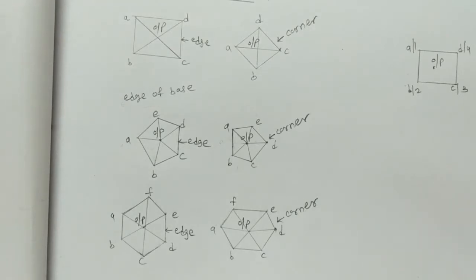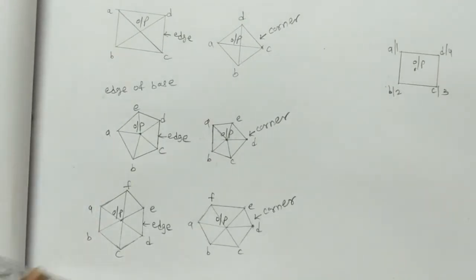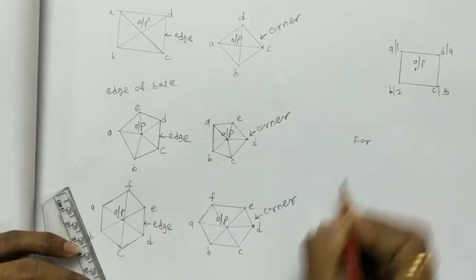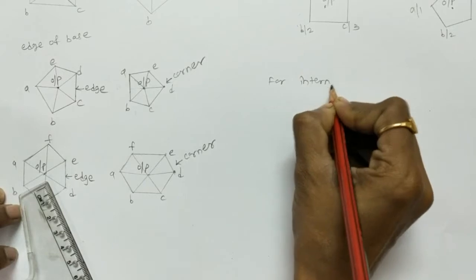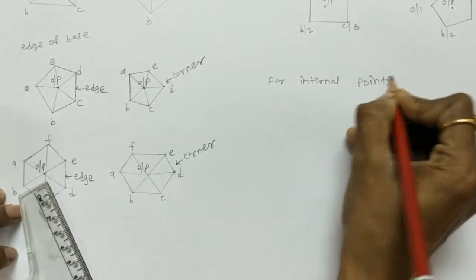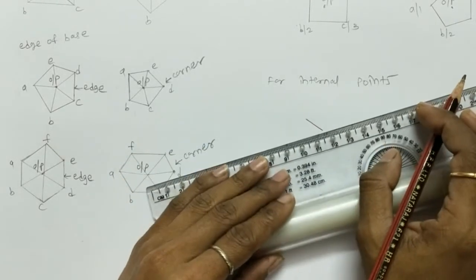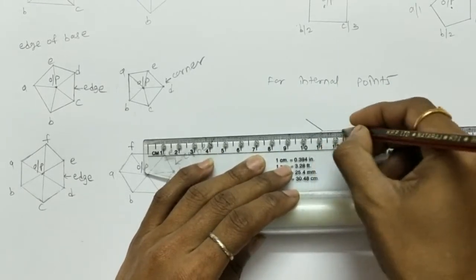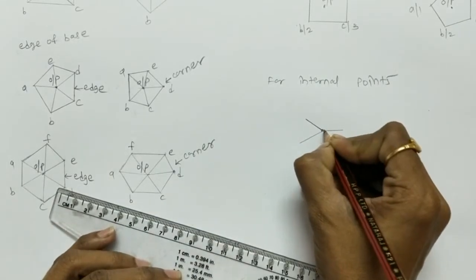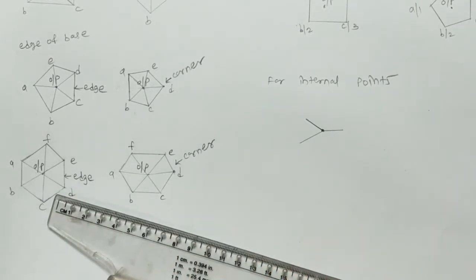Now for drawing, remember this condition. Then for internal points, when two dark lines meet at a point, then third line is also dark from that point for internal point.